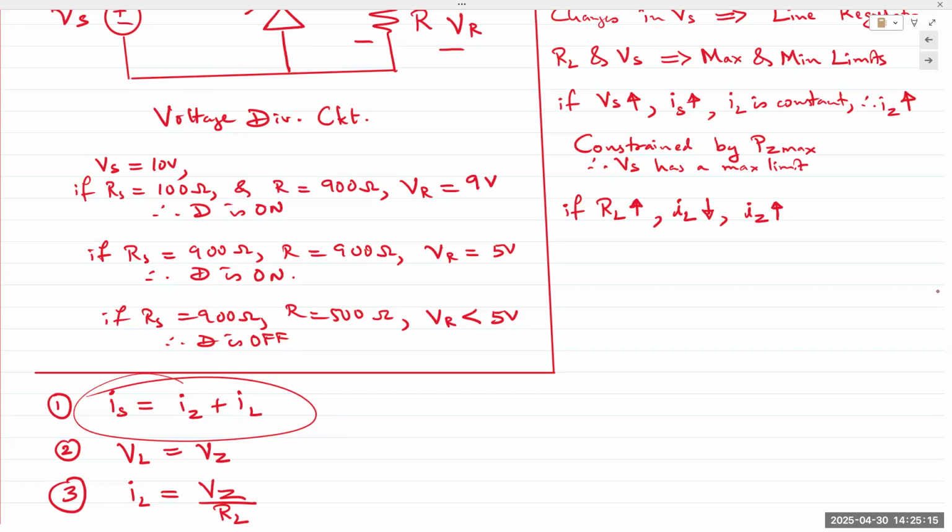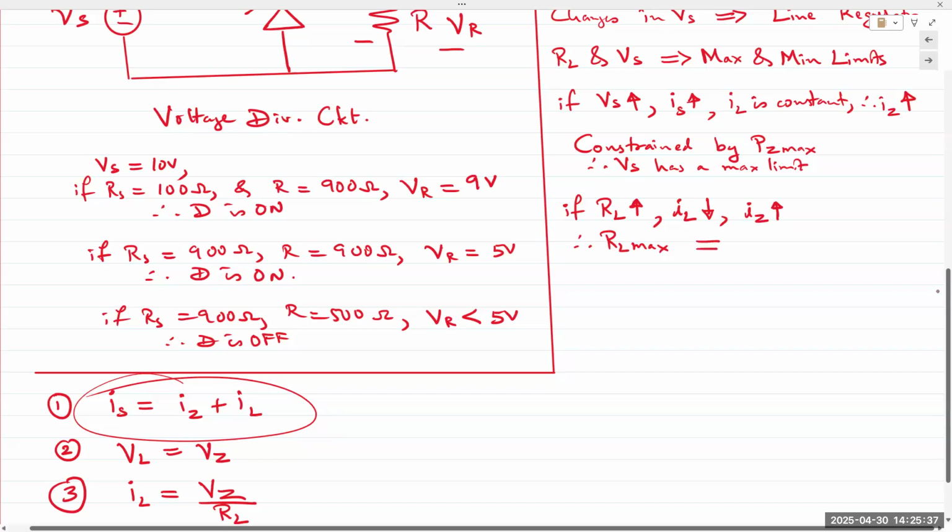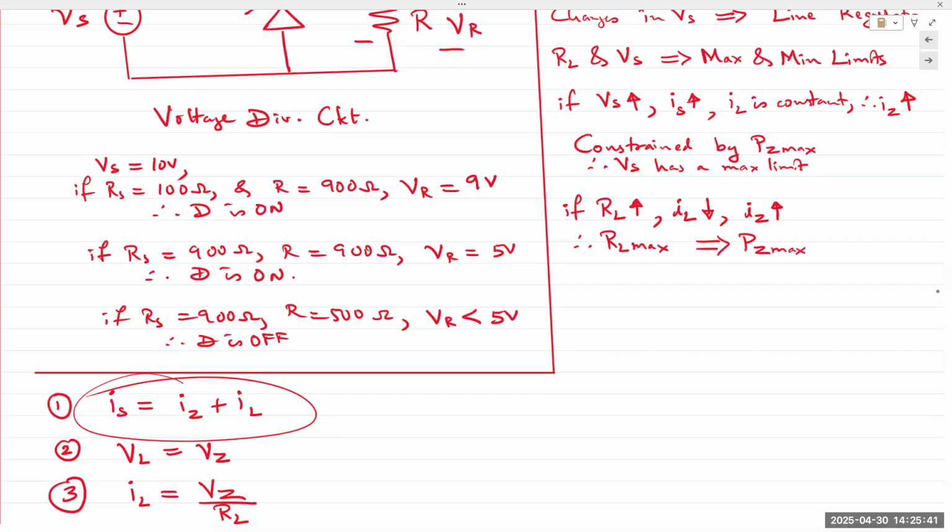If IL decreases, then IZ must correspondingly increase. If IZ increases, again, you're constrained by PZ max. Therefore, RL max is constrained by PZ max.